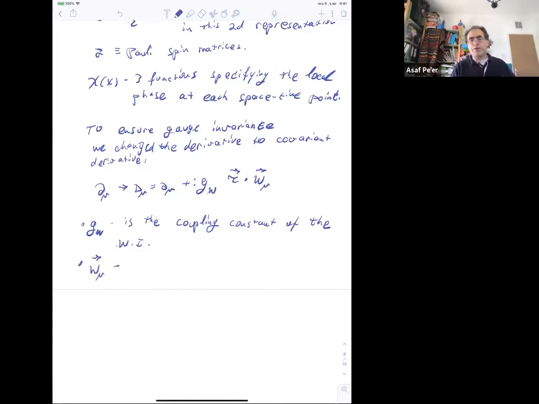These are the three gauge bosons. There are three such bosons because we have three generators, and they multiply the three Pauli matrices. Because of that, it's customary to denote them as a vector, rather than using indices. Remember that in QCD we used indices. Here we denote them as vectors because there are three.